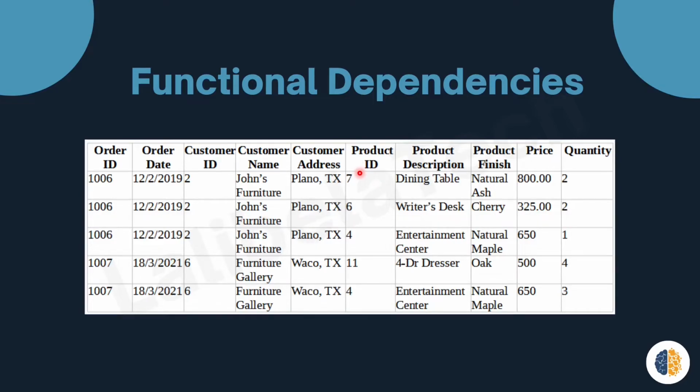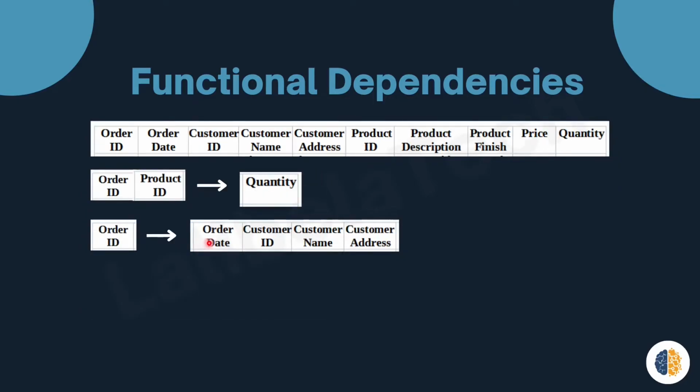Let us discuss dependency 2. Order date, customer ID, customer name, and customer address are dependent on order ID, which means if two rows have the same order ID, they will have the same order date, customer ID, customer name, and customer address.